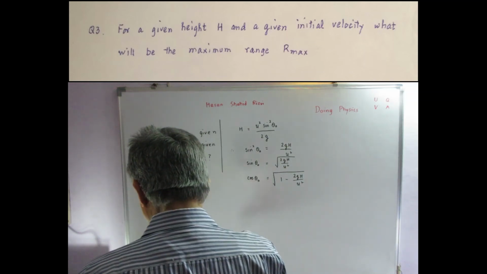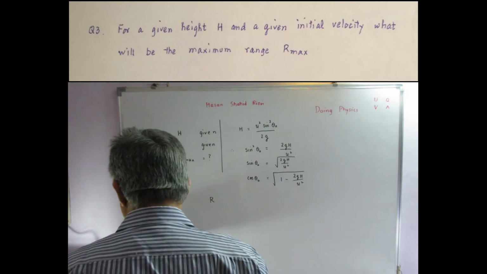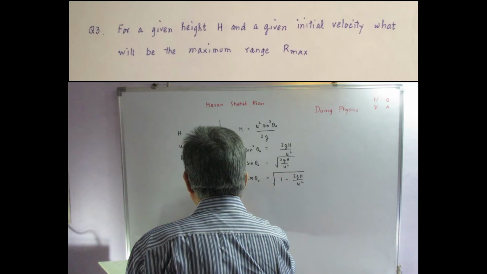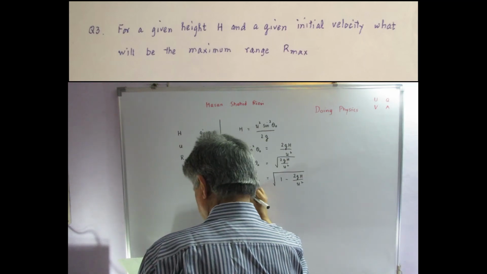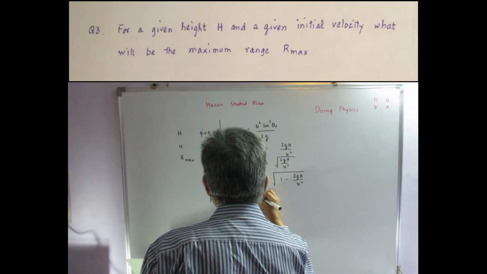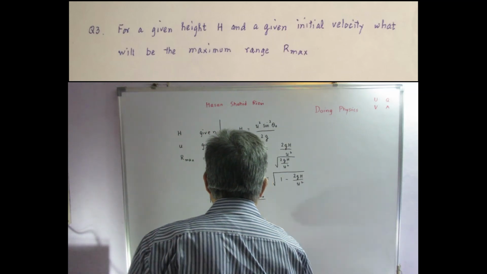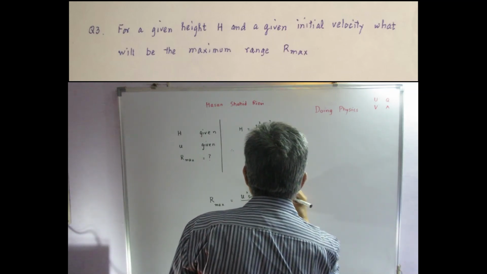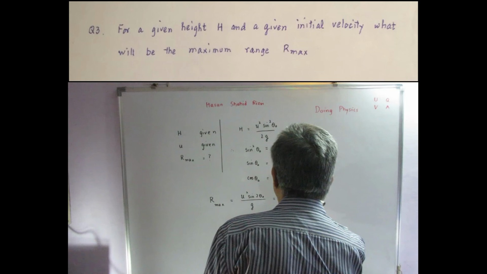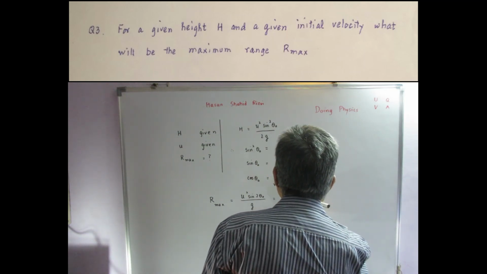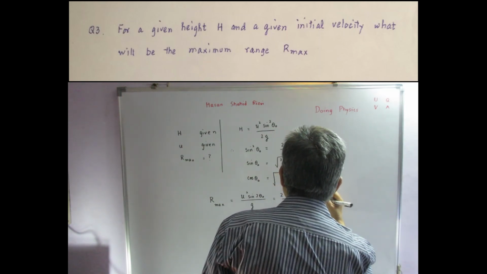And then we substitute in the value of R. R, the maximum value, R max, I can write as U square sine 2 theta naught upon G, and this is equal to 2U square upon G sine theta naught cos of theta naught, by expanding sine of 2 theta.